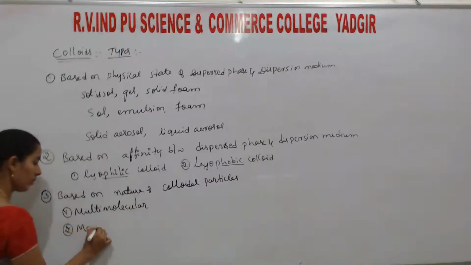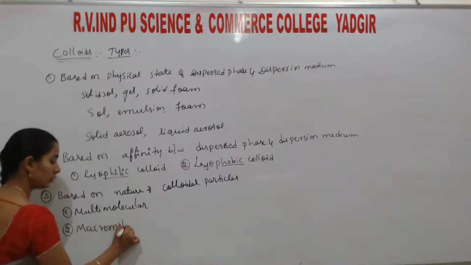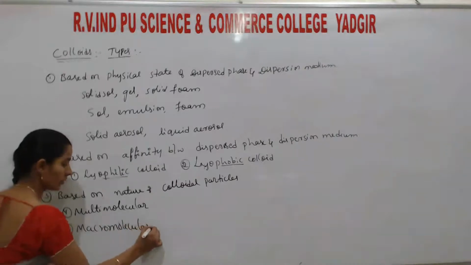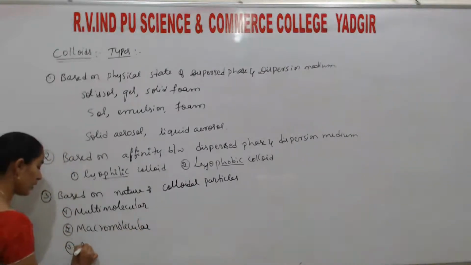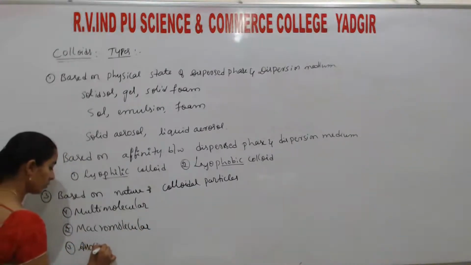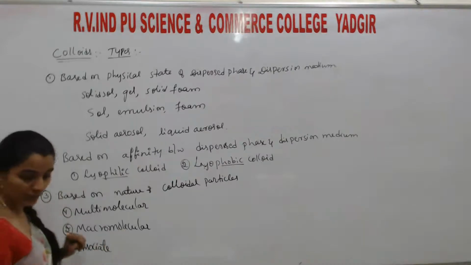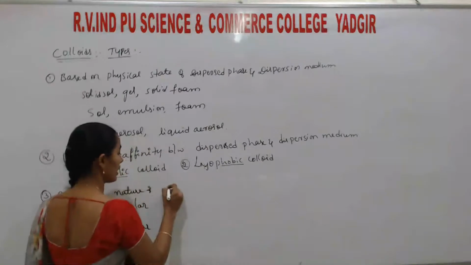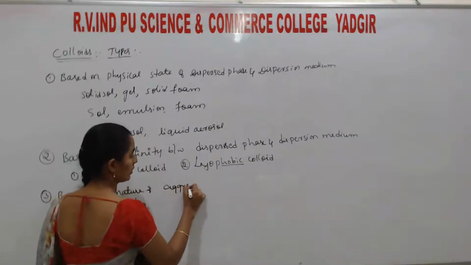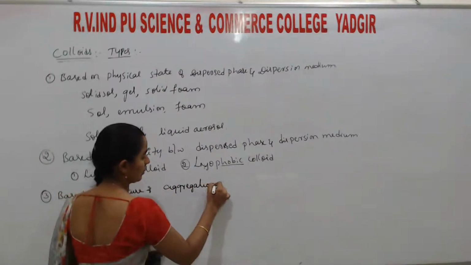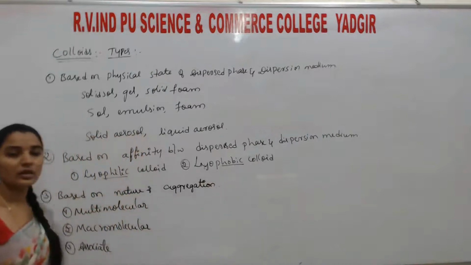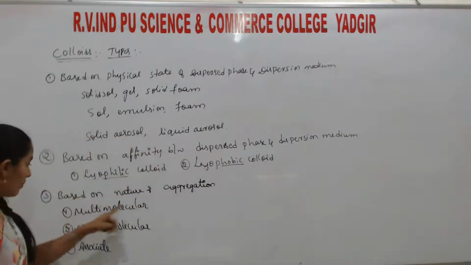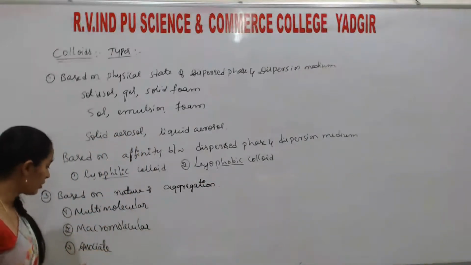Next, macromolecular, and the third one is associated. So based on the nature of the aggregation unit: multimolecular, macromolecular, and associated.